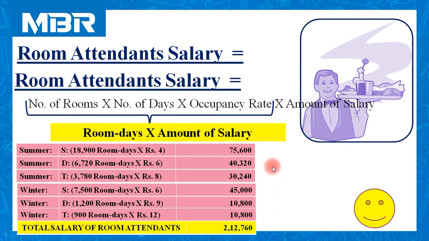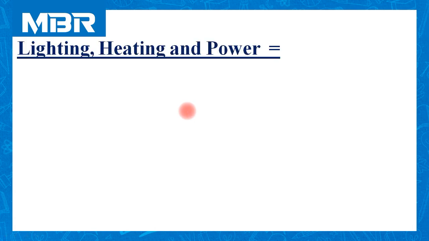So in this way, we need to prepare a separate table to calculate the total amount paid to room attendant, and the amount is 2,12,760.